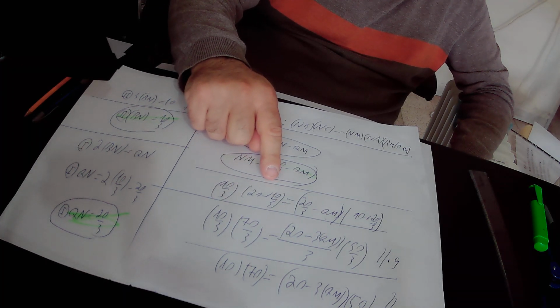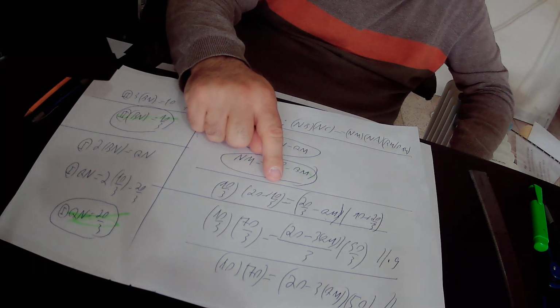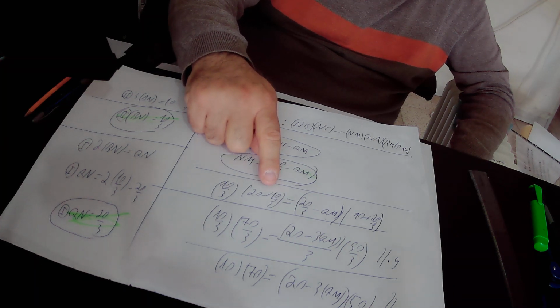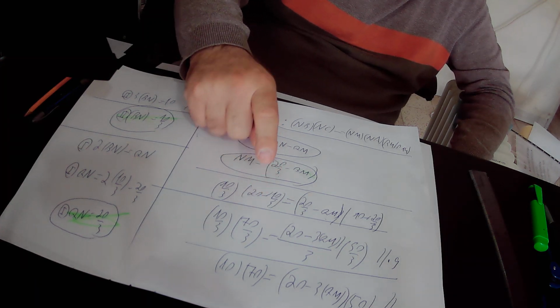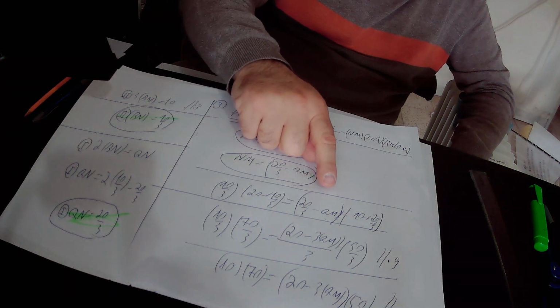We multiplied 20 by 3, and then divided by 3 in order to remove the fraction with 10 over 3. 20 times 3 is 60, and 60 plus 10 is 70, divided by 3. It equals 20 over 3 minus QM.